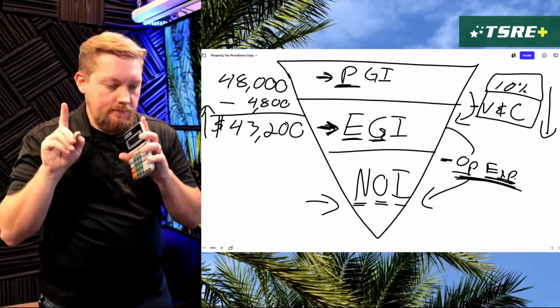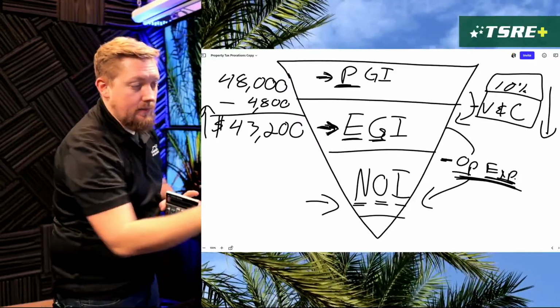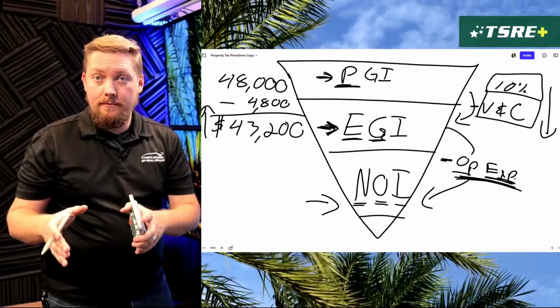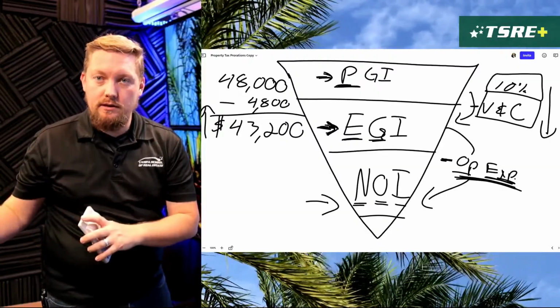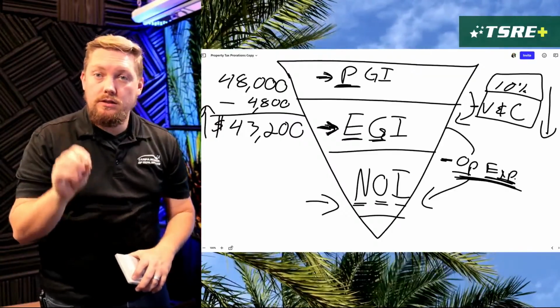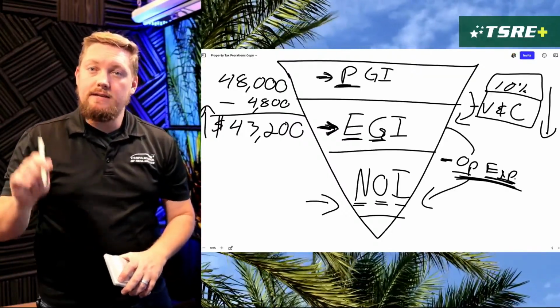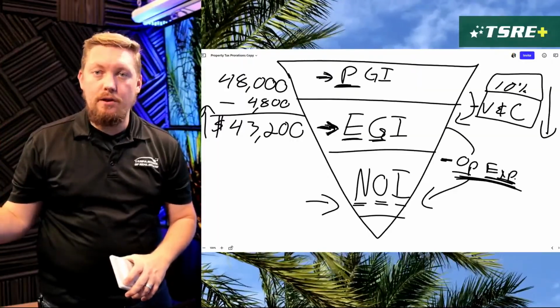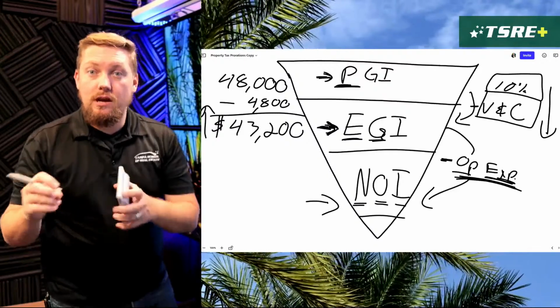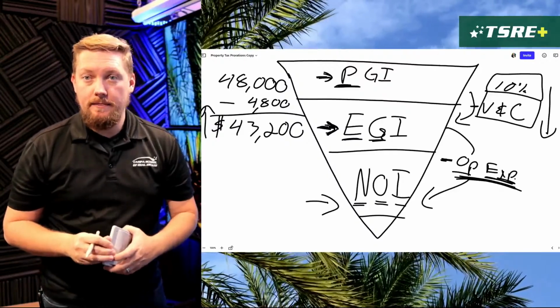And I'm going to foreshadow what we're going to cover in a little bit about net operating income. But more income equals more value here. If everything else stays the same, anything we could do to create more income is going to increase the value of the property. And this is where a term known as forced appreciation comes into play.